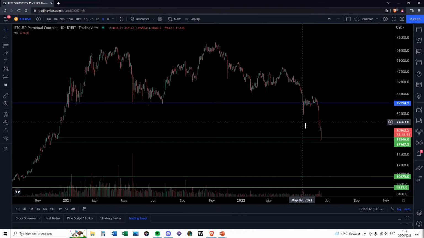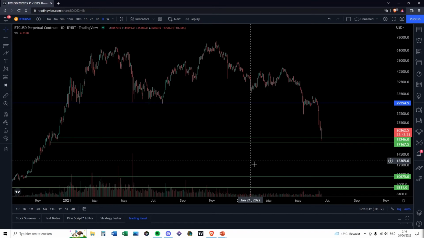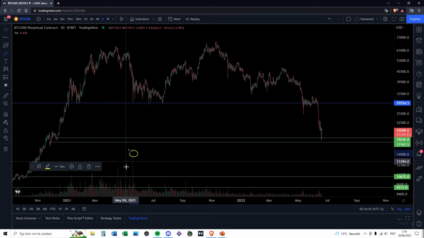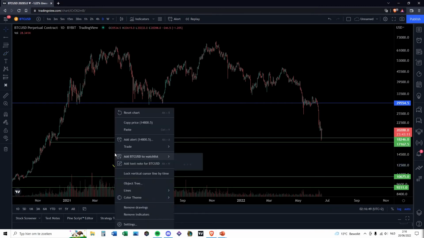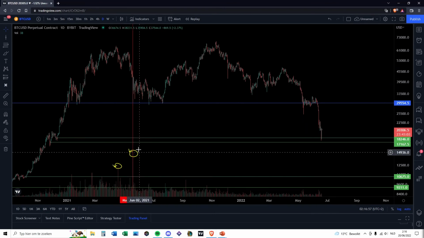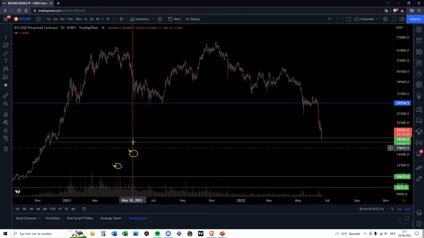But the volume gives an extra edge, because if you see the extreme points, like here and here, the volume is higher than usual. I don't know what it was at these points. This was the first drop, and at this point you see a lot more volume going on.